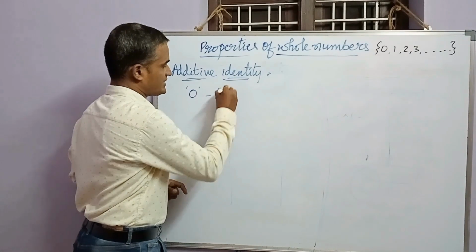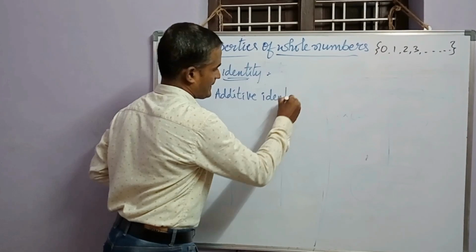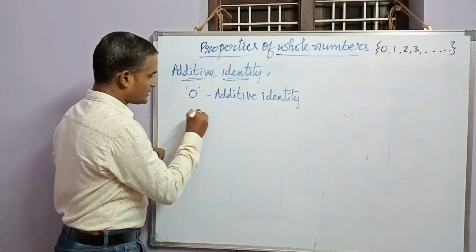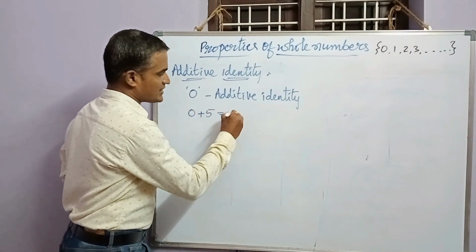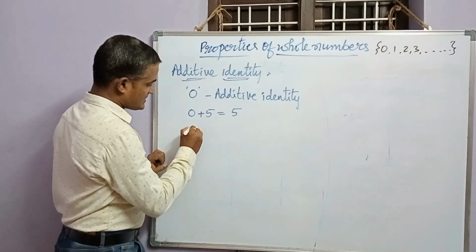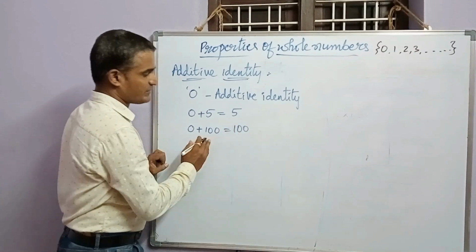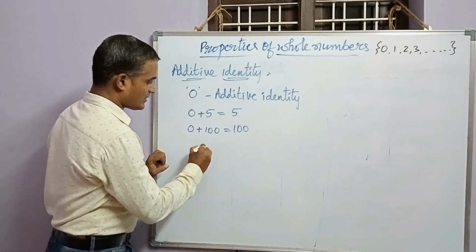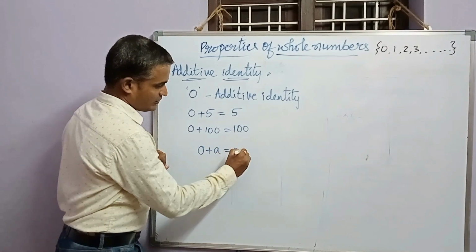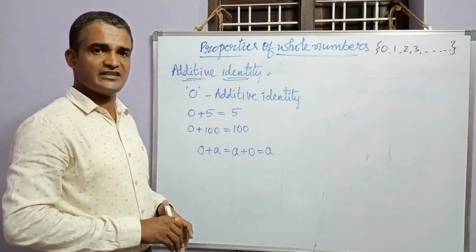When you add 0 to any number, your answer remains the same. So 5 plus 0, or 0 plus 100, the answer is 100 only; the same number is the answer. This is called the additive identity: 0 plus a is equal to a plus 0 is equal to a.